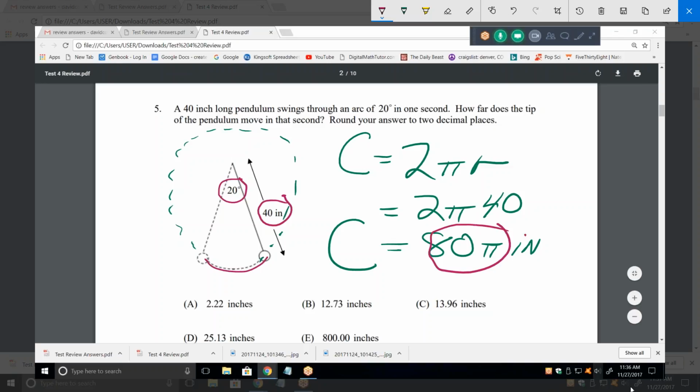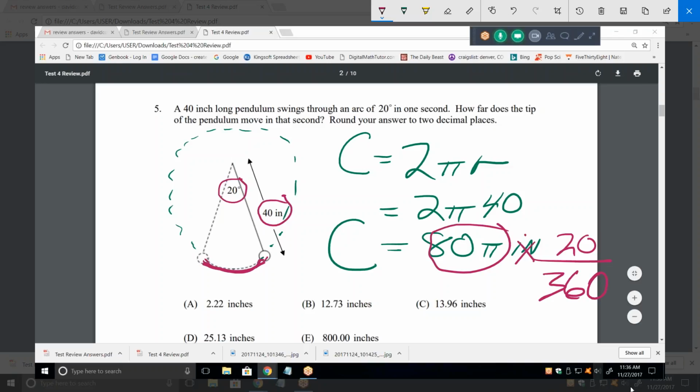What am I going to multiply 80 pi by? 1/18. Give me it as a ratio. That's correct, but I want it as 20 divided by 360. That's what portion of the circle we're looking at.